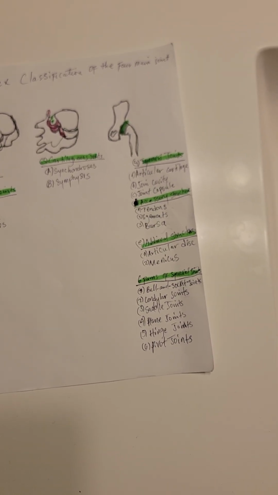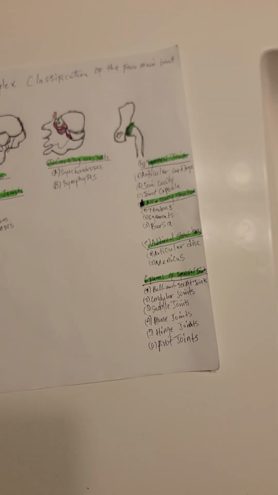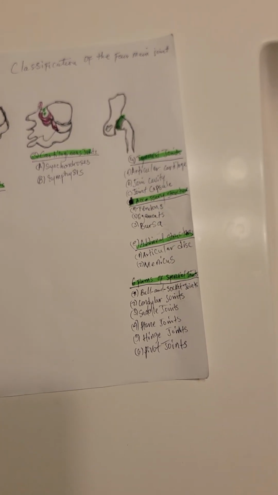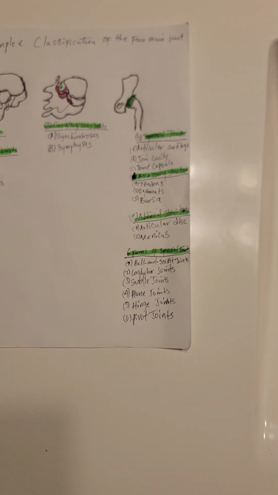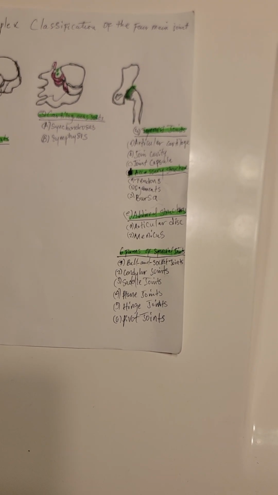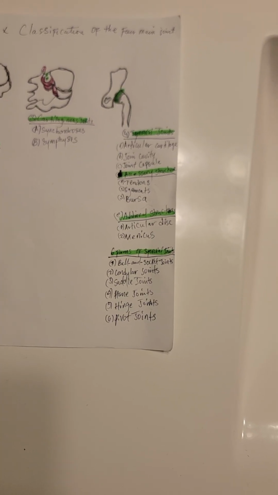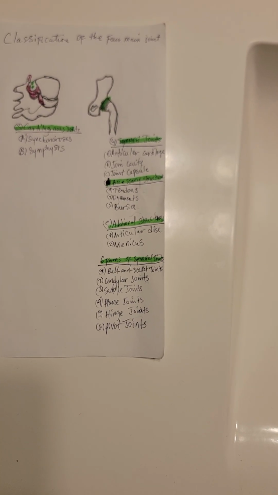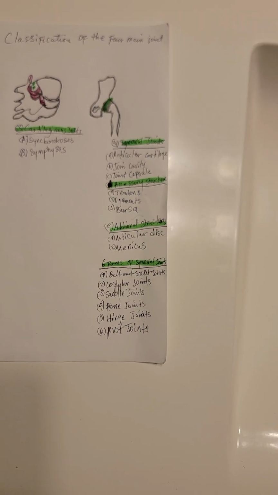And the joint cavity is surrounded by the joint capsule, which is here, the joint capsule. This includes an outer fibrous capsule that helps hold the joint together and retain the fluid, and the inner synovial membrane that produces the synovial fluid.